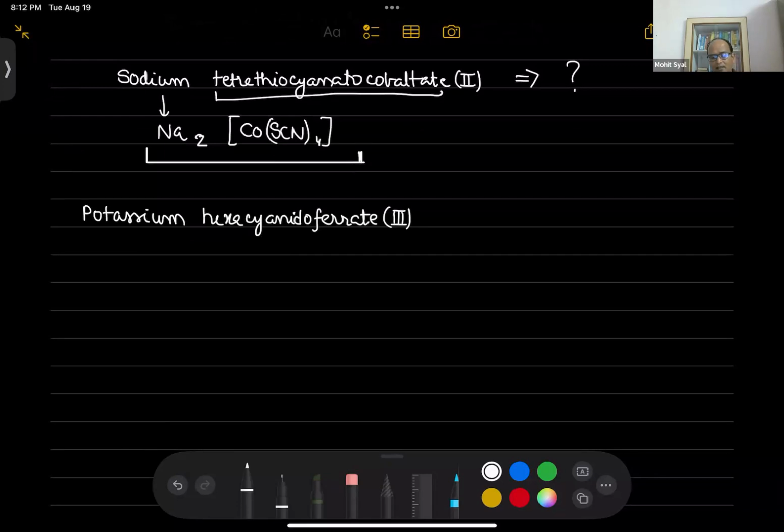Potassium hexacyanoferrate(III). So how are we going to write the formula? Just tell me.